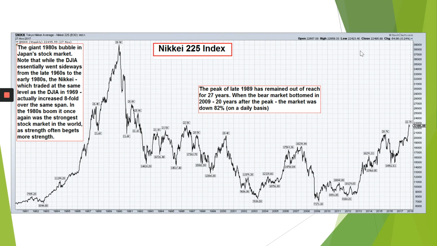And we have the giant 1980s bubble in Japan's stock market. So while the Dow Jones went sideways from the 60s to the early 80s, the Nikkei increased eightfold over the same time span. And it was the strongest stock market in the world by the end of the 80s.